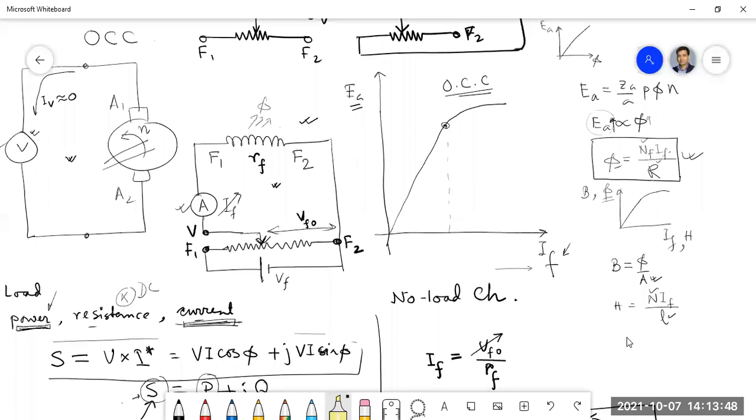The OCC that we can draw for a separately excited DC generator, can we draw the OCC for shunt machine? Practically, can we draw an OCC curve for shunt excited DC generator or not?